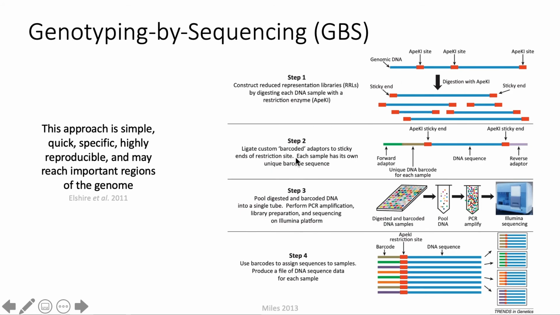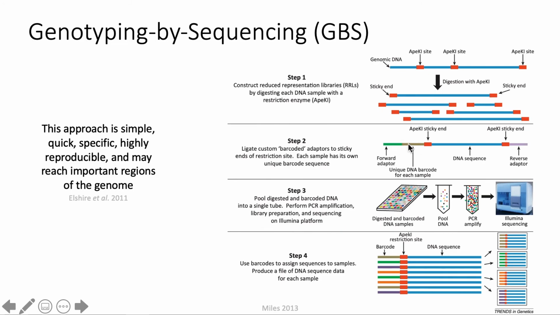Then the second step is that we have to put together those reads or DNA sequences with barcodes, and those barcodes are the identifiers for every single sample. So we put a unique ID on all the reads that come from the same sample, and some adapters to use in PCR.